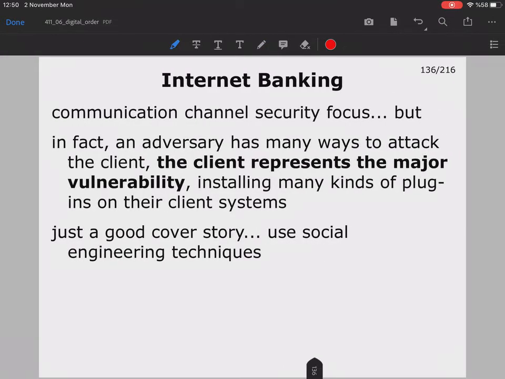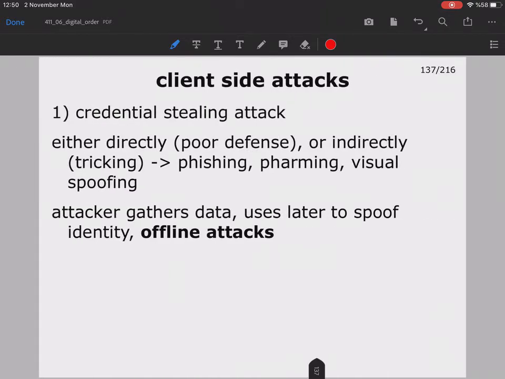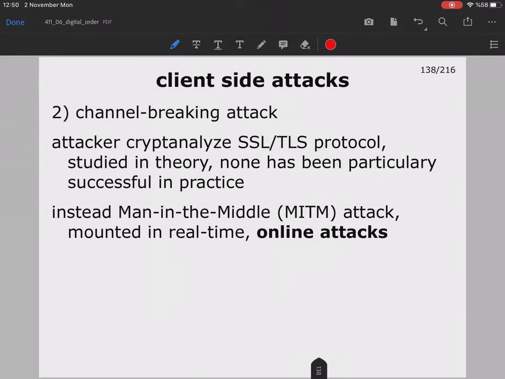And with just a good cover story, like we discussed in the first slides of this chapter, the attackers can use social engineering techniques to trick the victim into revealing their information, and also offline attacks can be used here.